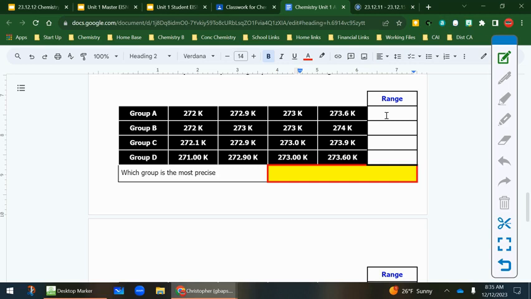Yes, Cynthia. Well, it's the highest minus the lowest. Okay. If you get a negative number, consider it like an absolute value. In other words, you can just call it 70 if you get minus 70.